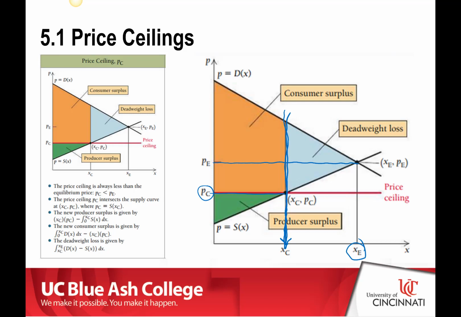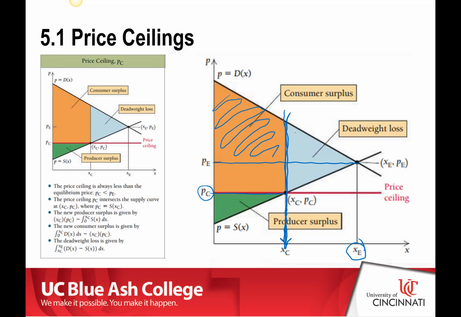When you establish this lower number of units, as a consumer, you still realize this consumer surplus. You do not gain this because these units are no longer available. They aren't there at all because the producers aren't willing to provide them.